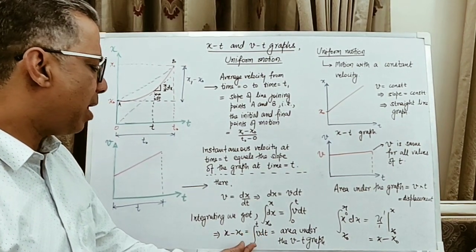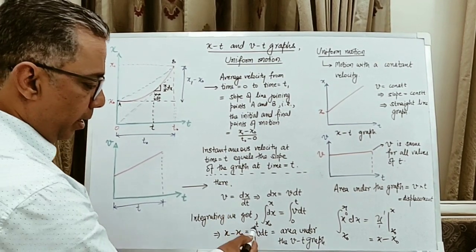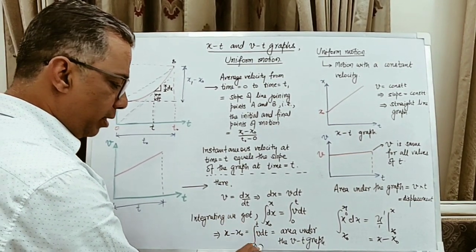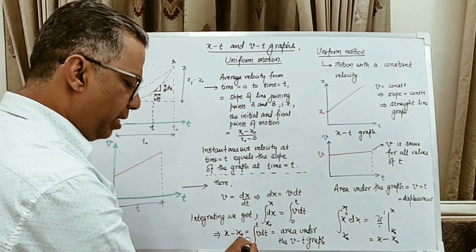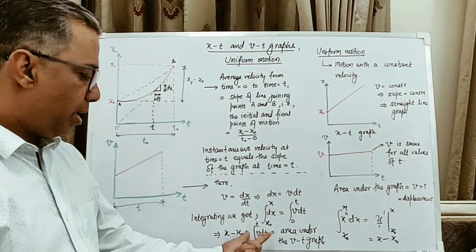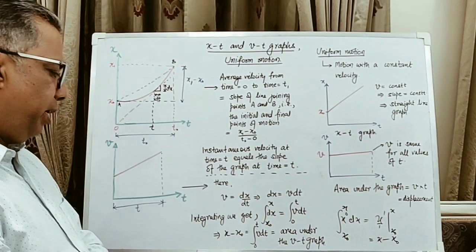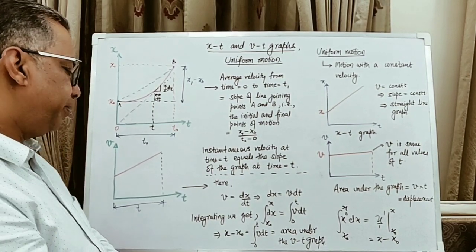On the right hand side you have the integral of v dt from 0 to t. Now what you will notice is this integral of v dt from 0 to t equals x minus x0, and the integral equals the area under the vt graph.